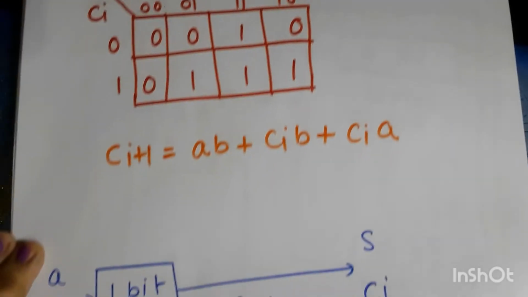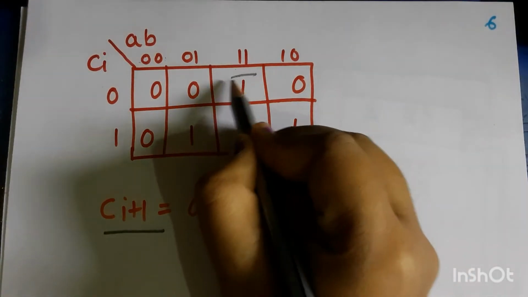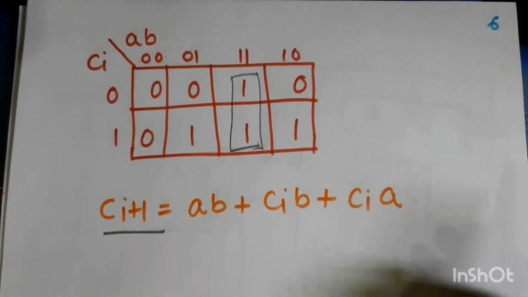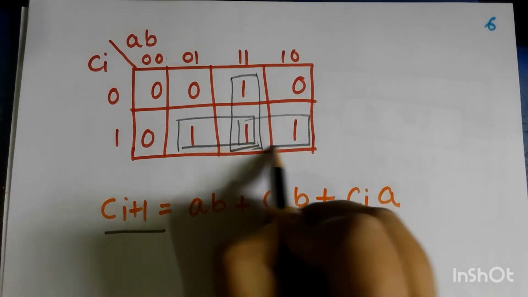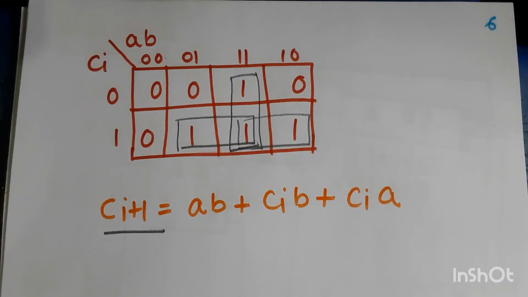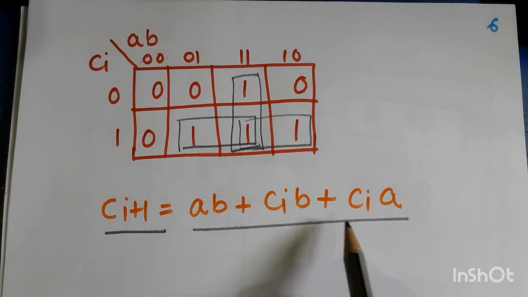It is the K map for Ci plus 1. From these values, I have got AB, CiB plus CiA.